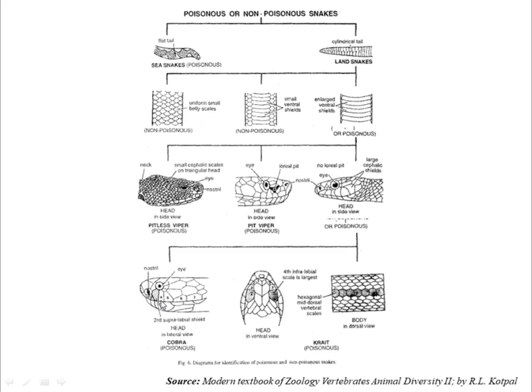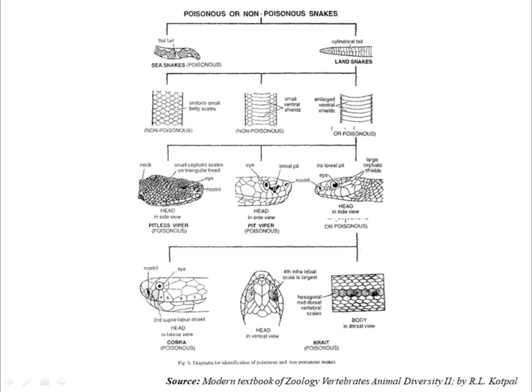But if the third supralabial shield is largest, but there is no spectacle mark and no hood, but it has coral spots on the belly region, that is the ventral part of the snake, then it will be a coral snake, and coral snakes are also venomous. So in the case of the third supralabial shield being largest, we have to look for the spectacle mark and the hood to differentiate between cobra and coral snakes.